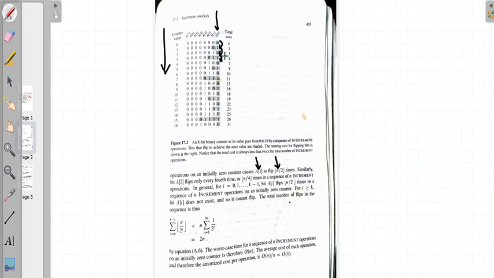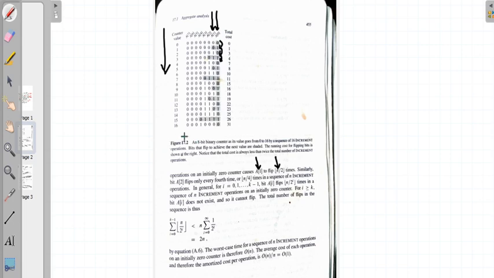That is what the CLRS book is telling, and it is quite observable here. And what about the A1 case? Bit by bit, throughout the sequence of operations, we are trying to analyze the possible flips.